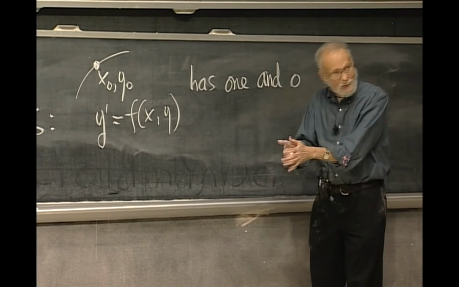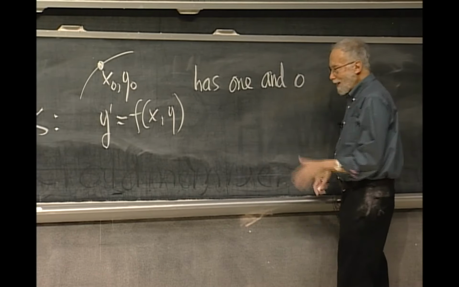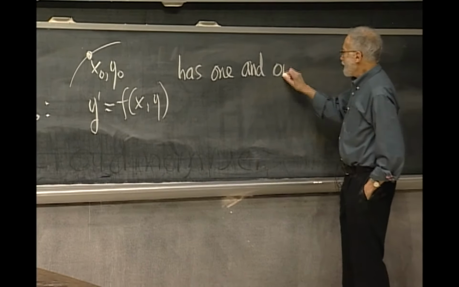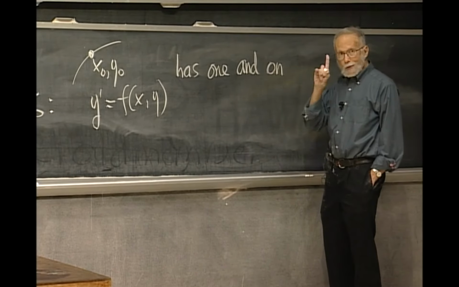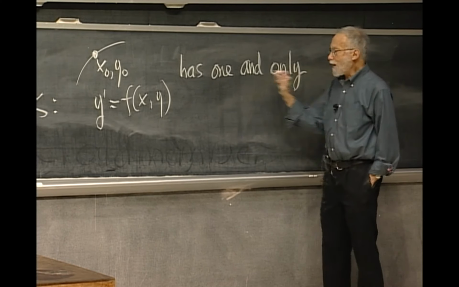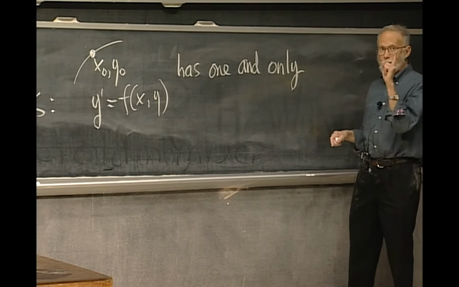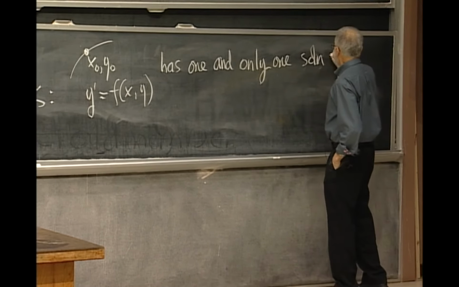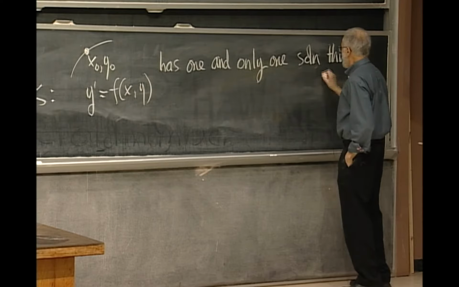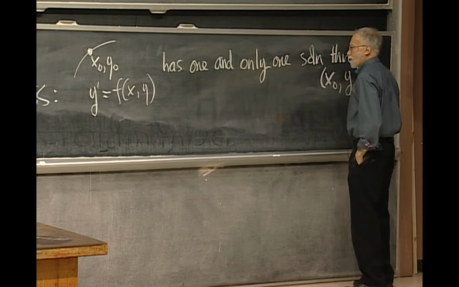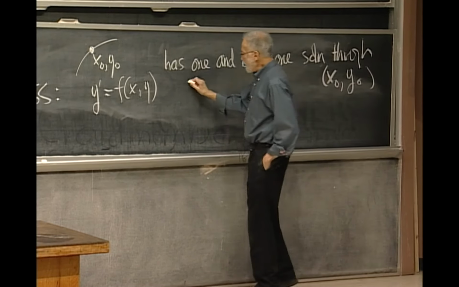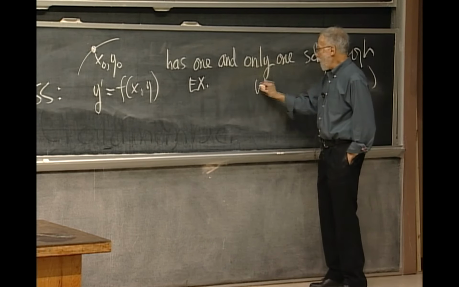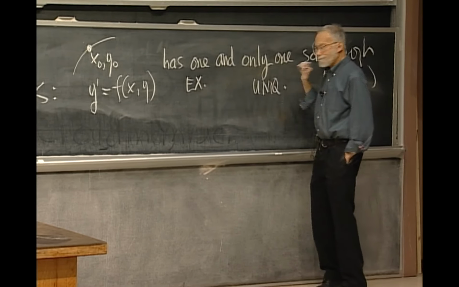It doesn't mean it has just one solution, okay? That's mathematical convention. It has at least one solution, but the killer is only one solution. That's what you have to say in mathematics if you want just one: one and only one solution through the point x0, y0. So the fact that it has one, that's the existence part. The fact that it has only one is the uniqueness part of the theorem.